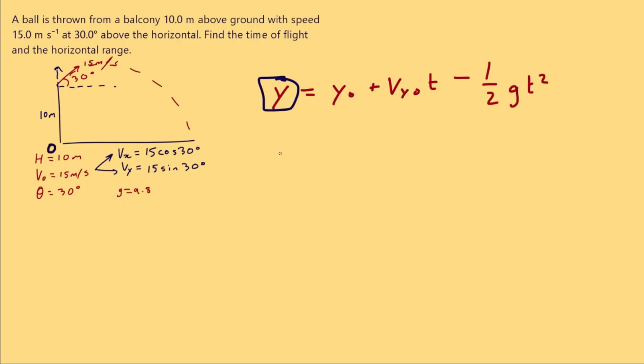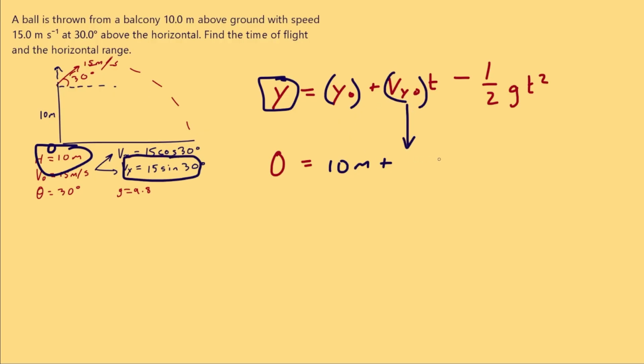That's the ground level. Now let's plug our stuff into the rest of the equation, and then we're going to rearrange for time. The math is a little bit heavier here, so follow along closely. y0 refers to the starting point, that is the height of 10 meters, plus the initial vertical velocity, that is 15 sine 30, multiplied by time, which is unknown, minus 1 over 2 gravity times time squared.